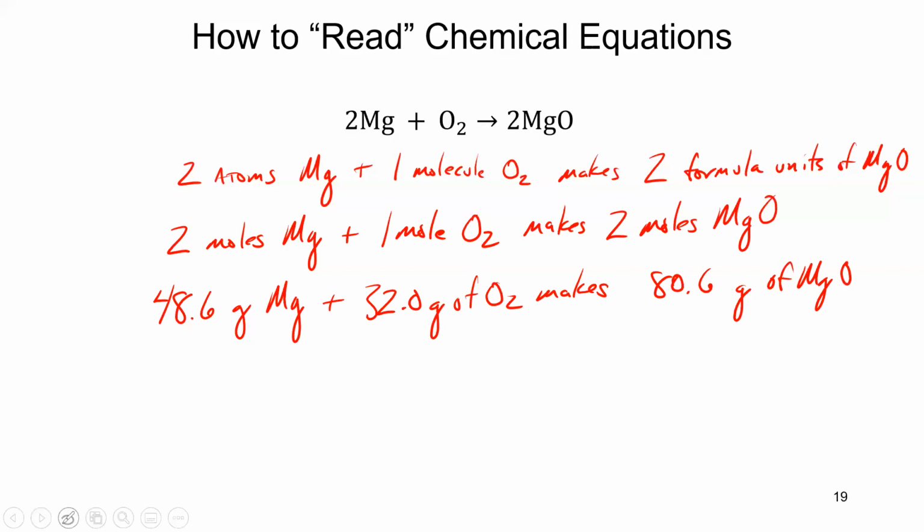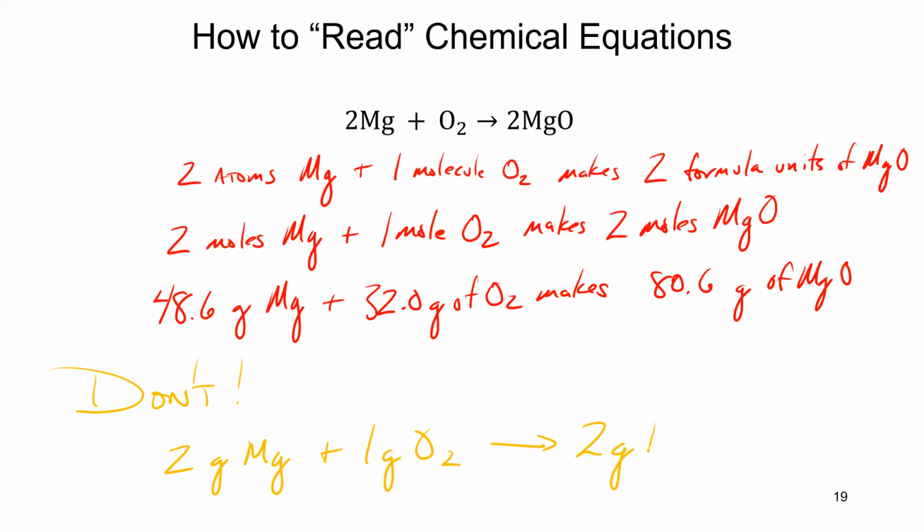What I don't want you to do is think about it in terms of grams but still use the ratio that's in the formula. Don't think about this as 2 grams of Mg plus 1 gram of O2 makes 2 grams of MgO. We haven't talked a lot of physics in here yet, but one of the main laws in physics is mass conservation.